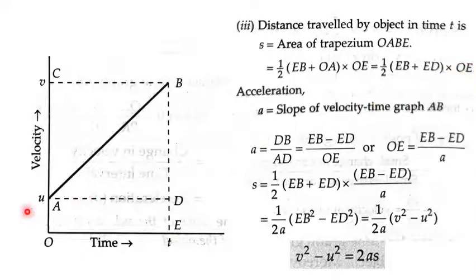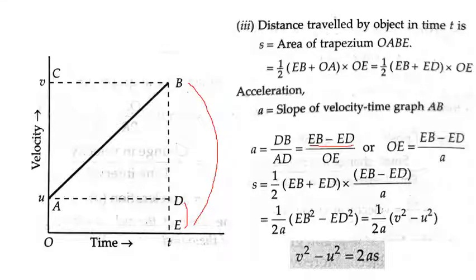Next, what is the acceleration? Acceleration is the slope of the velocity time curve AB. And acceleration, how do you denote? Change in the y-axis, dB, divided by your change in the x-axis, AD. And your dB can be written as EB minus ED.